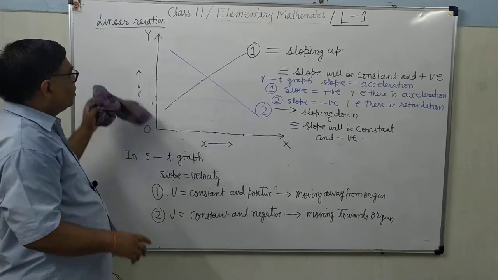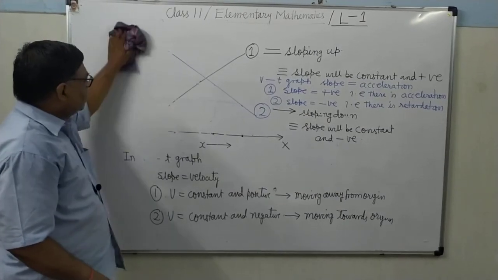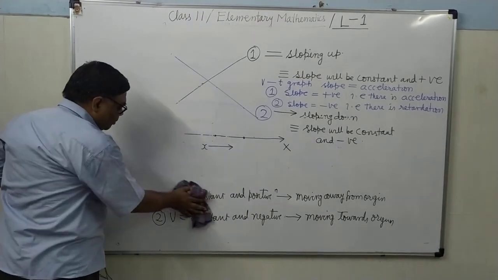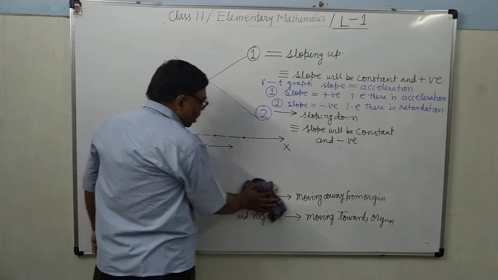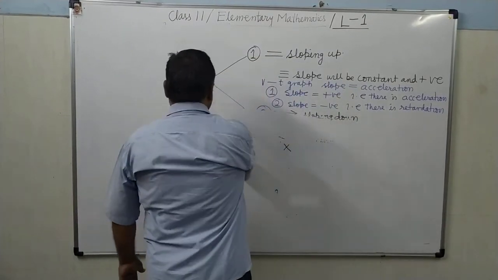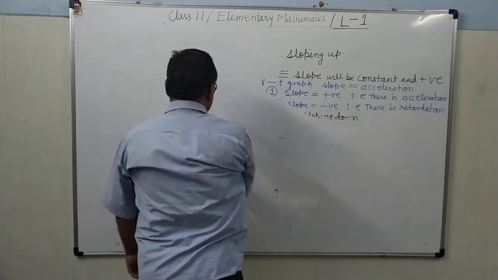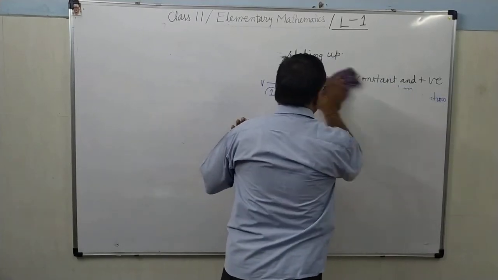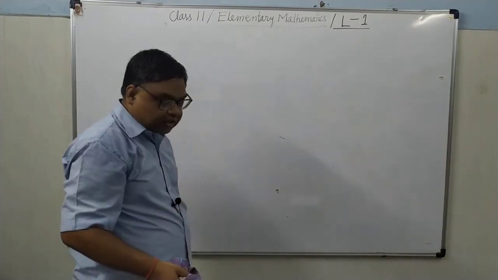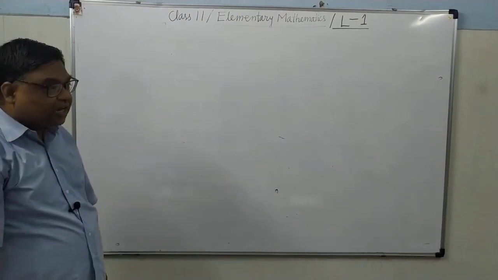In case of non-linear relation, as you know, what is the shape of the graph? The shape of the graph will be a curve. If it is a quadratic relation, then there will be a parabolic curve.